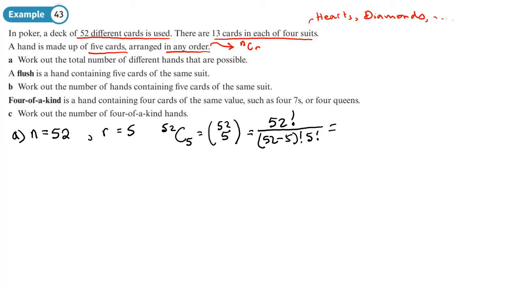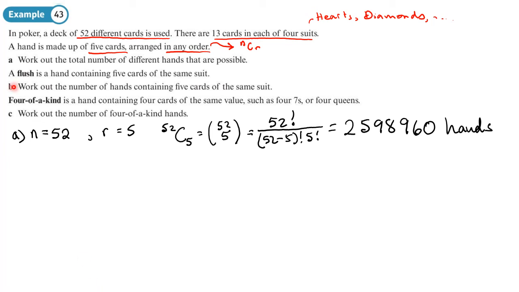So 52 C5 is 52 shift divide 5, and we get 2,598,960. So that many hands are possible.